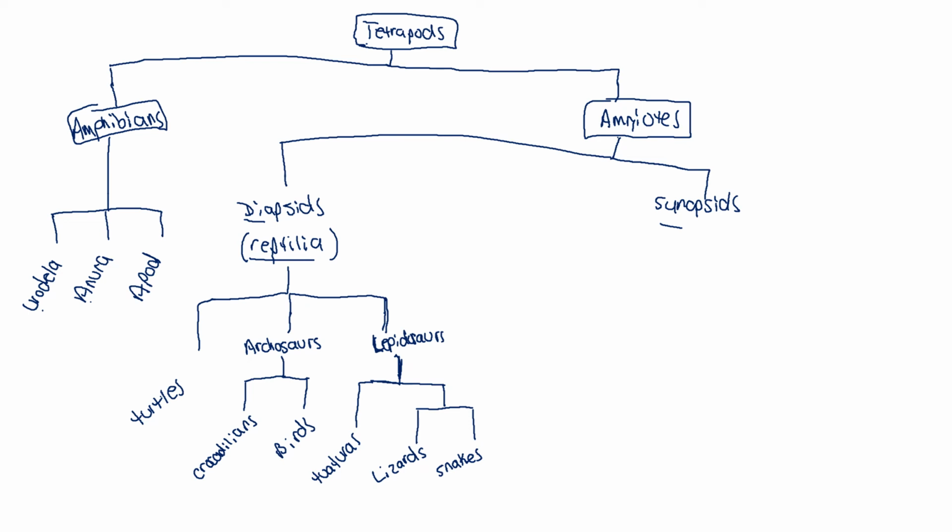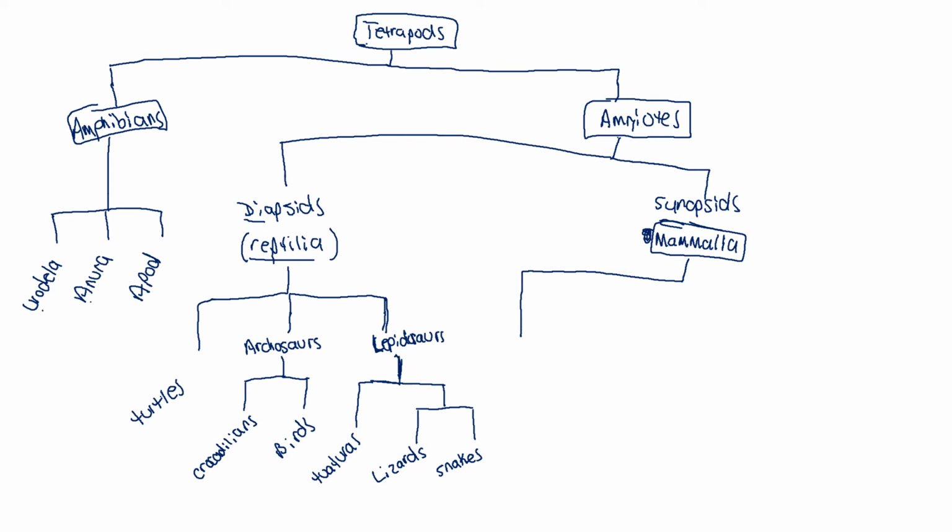Now, let's move on to the synapsids, which really is the majority, just like reptilia here, we have the mammals. Mammalia. The mammals divide into several major groups, so we'll spread these out over here.